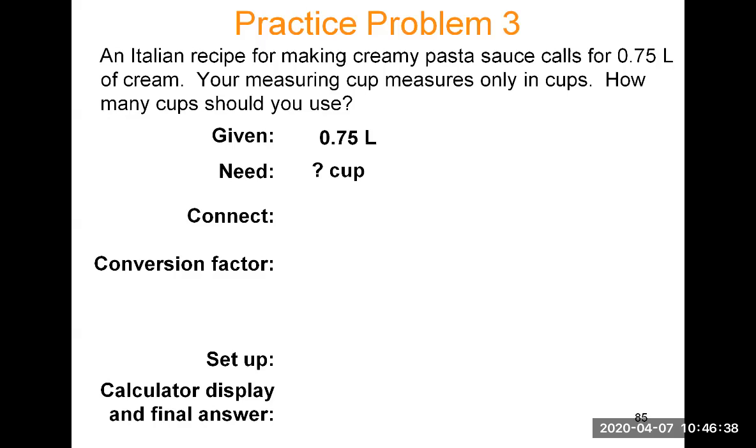So we will need to connect liters to cups. Liters are a metric system unit. Cups are an English system unit. And both are units of volume, right? So you will look into the rows where you have the equalities for volume, and then you will look for metric to US conversions.